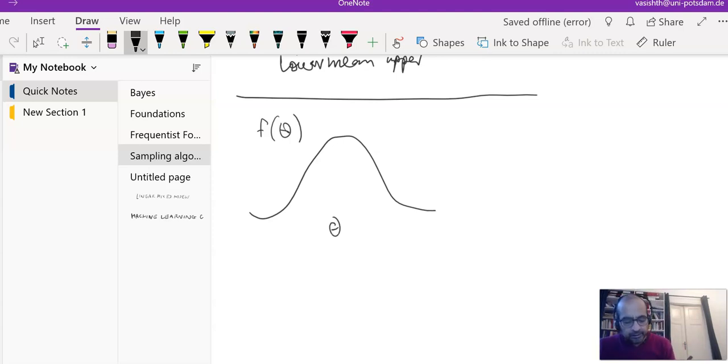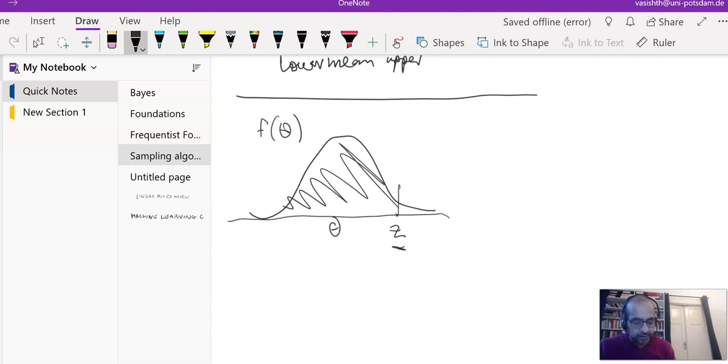I can figure out the probability of observing some value z, or something less than that, on this x-axis, by calculating the area under the curve. And the cumulative distribution function achieves exactly this. So you can rewrite this PDF as a CDF.